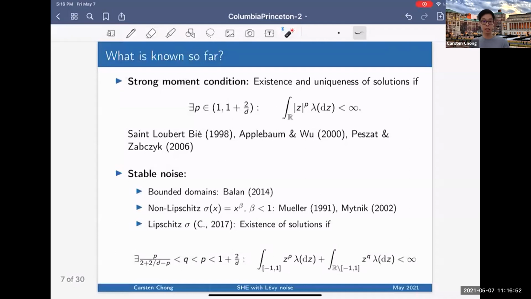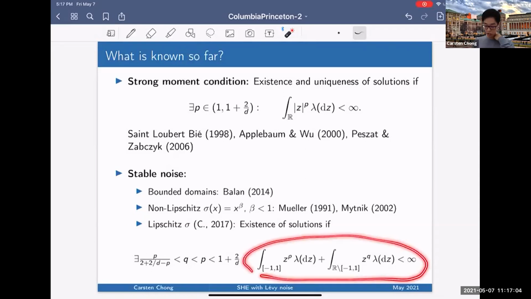Now, what about Lipschitz sigma? In the general case of a Lipschitz sigma, what we were able to obtain in a paper in 2017 is the existence of solutions, provided you have this condition here. Now, if you compare this condition with the one that is stated above here, the difference is that you have two different exponents.